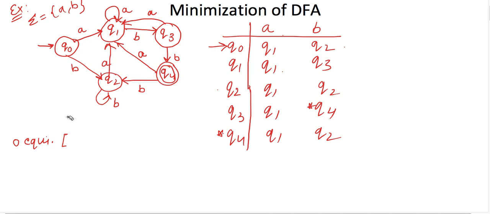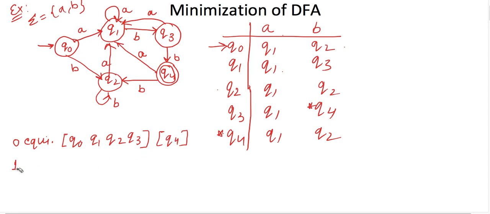So all the non-final states come under one group, and all the final states come under another group. Q naught, Q1, Q2 and Q3 fall under one group, and the final state Q4 falls under the other group. This is called 0 equivalent: the set of all non-final states and the set of all final states.